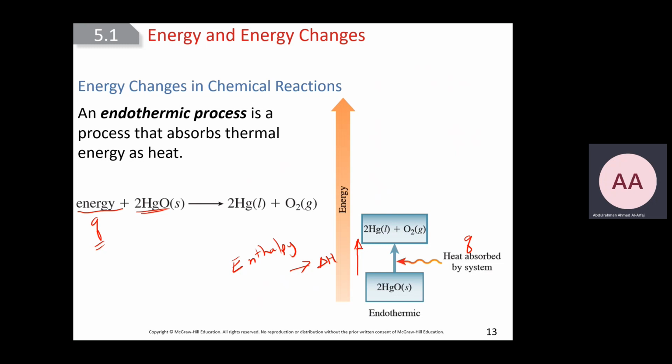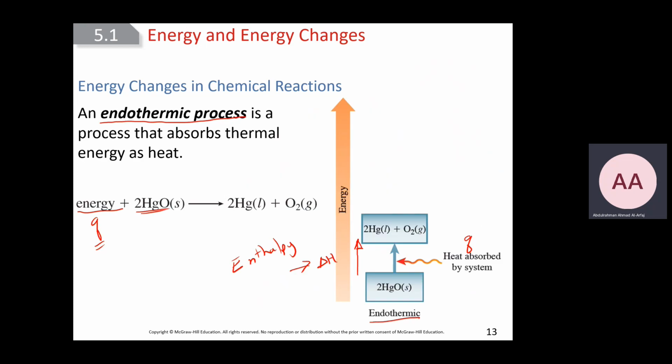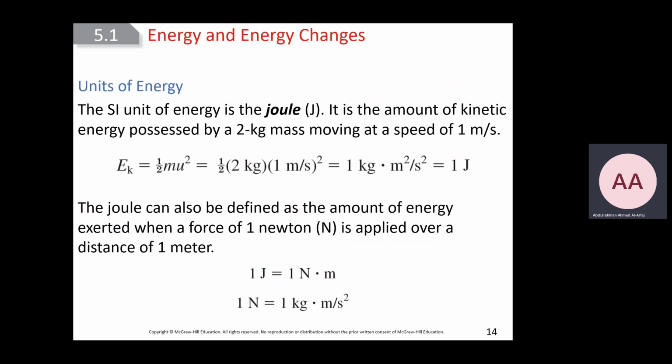And this process is called endothermic. If you add energy to the reactant, then this is called endothermic, while if you get energy out of the reaction, then this is called an exothermic process. So this process is called exothermic. This process is called endothermic.